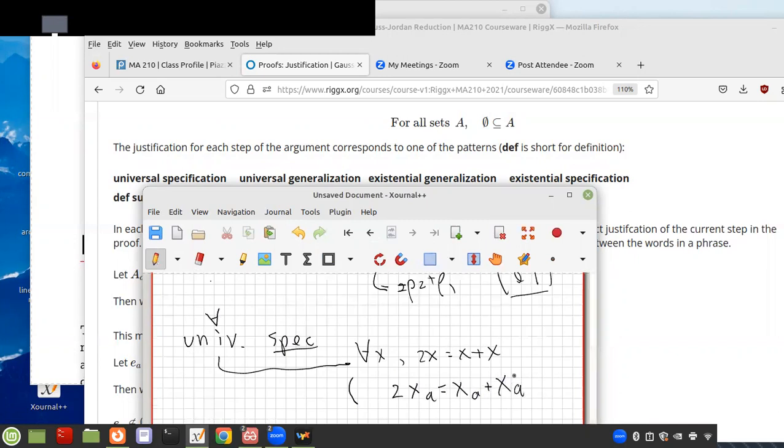So I want to be able to get rid of the universal, say, if for every X, 2X equals X plus X, then 2 times any particular, arbitrary value X_A equals X_A plus X_A. So X_A is an arbitrary or typical value. It enables you to go from a general statement to one about particular ones.